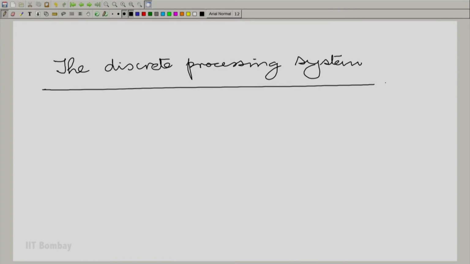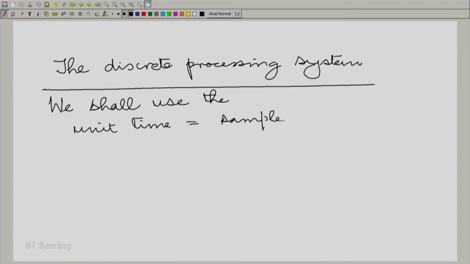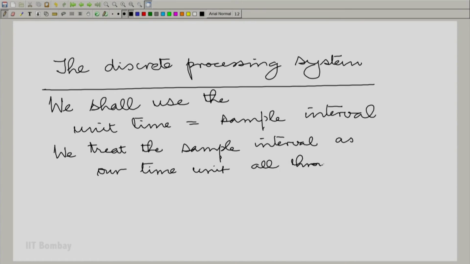Let us agree that we shall use the unit time equal to the sample interval. So, that means between whatever be that sample interval, it could be 1 millisecond, it could be 0.1 millisecond, we will agree that we treat that as our unit all along the discrete processing.